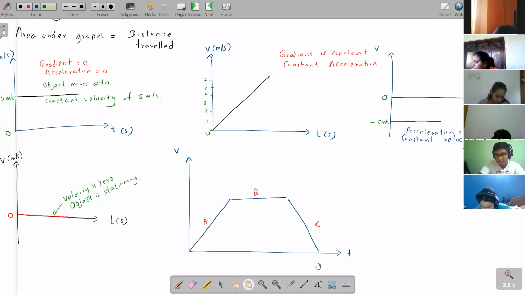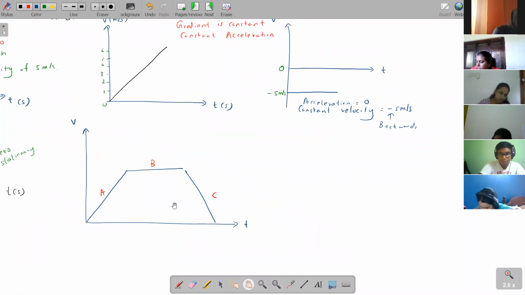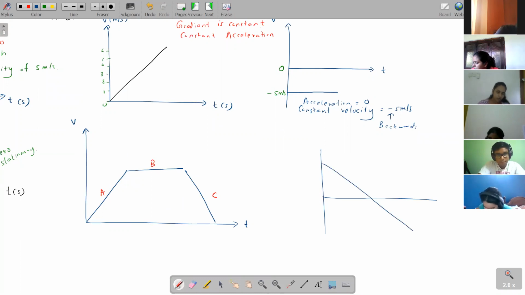And I'll give another graph also. Okay, so try to understand. Give me your idea about the first graph. First we'll discuss this, then we'll go to the next one. Give me your idea about this graph, children, quickly.